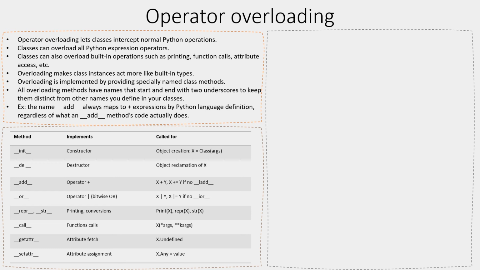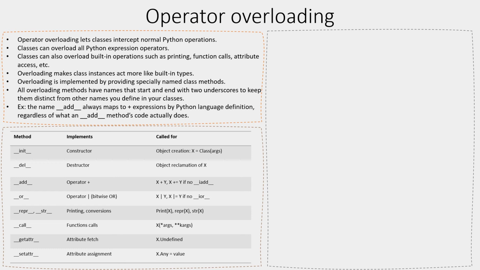We have just discussed that example. If you want to customize your default display format, then you should go for repr or str. Then we have call. Call is to customize your function calls.